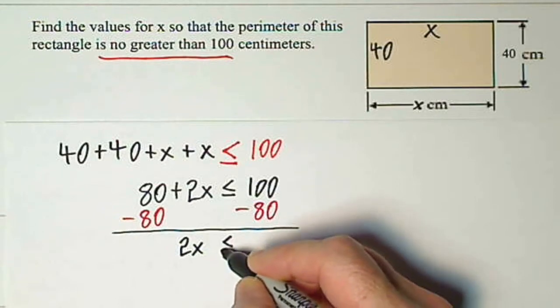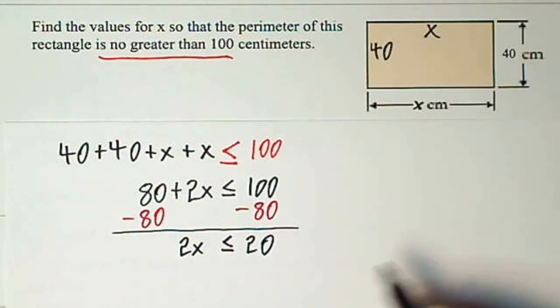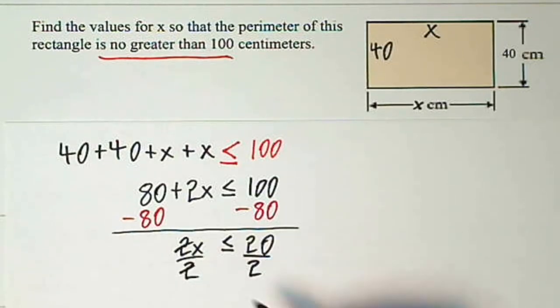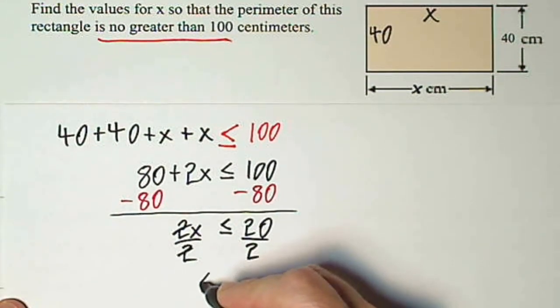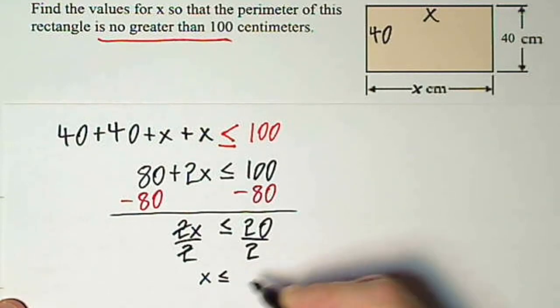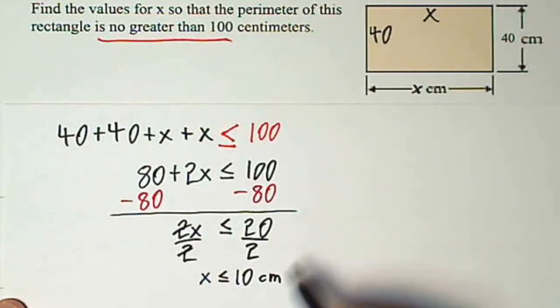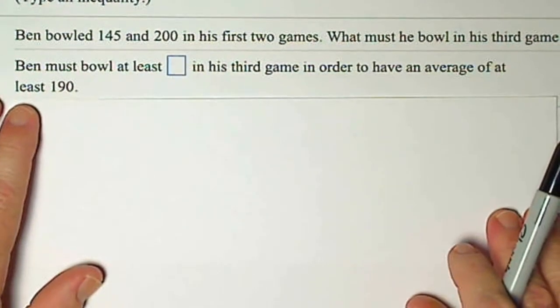Just bring down your inequality sign. Get rid of our 2. So slide this up just a little. We have x is less than or equal to 10 centimeters. I'll zoom in a little bit. Okay.